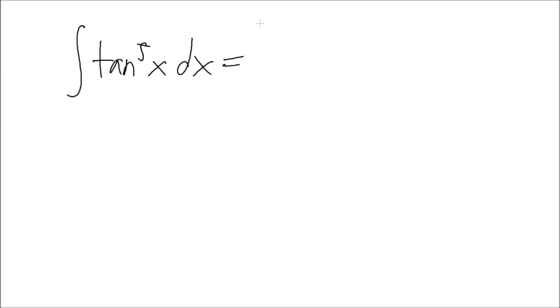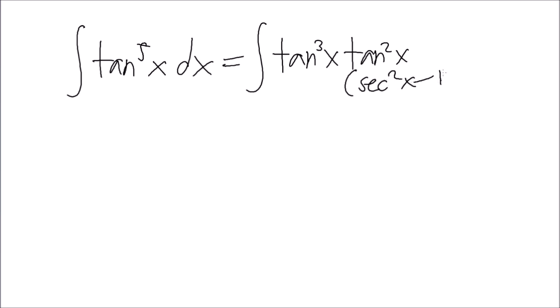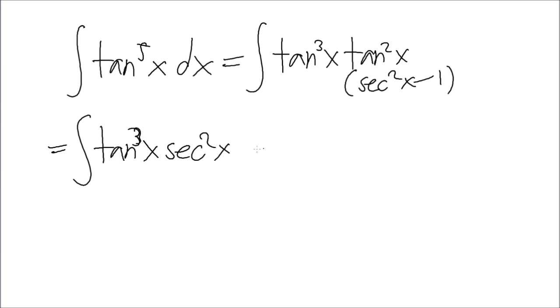So taking the beginner's route, we have tangent cube, right? And then we have tangent x, tangent square, sorry. And we need to turn this into secant square minus 1. So we have tangent cube secant square minus tangent cube. We kind of have to do this again, right?